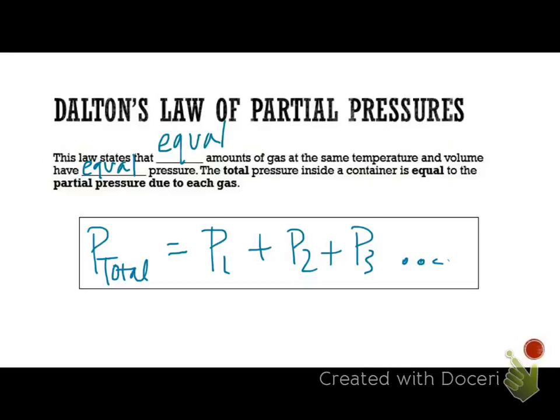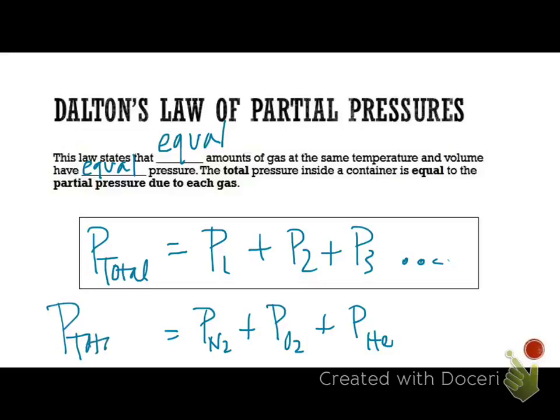If I was doing this in an actual real problem, I actually wouldn't put P1, P2, P3. I would put the symbol of the gas. So let's say I had nitrogen, oxygen, and helium. I would say P(N)2 plus the partial pressure of oxygen plus the partial pressure of helium, and that would be equal to P total. Okay?